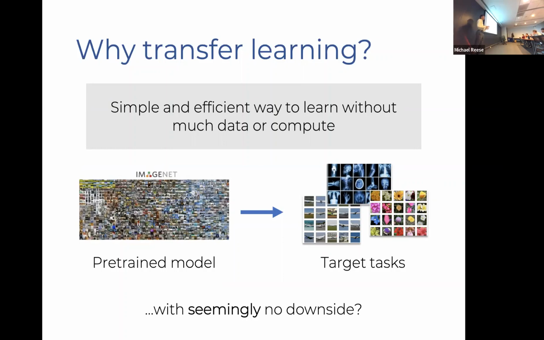You just download whatever pre-trained model you want and apply it to whatever task you want, fine-tune with a little bit of data, and in a lot of cases, this actually even improves your performance, right? Starting with a pre-trained model as opposed to starting completely from scratch. So we have better performance, we have faster training, we have less data that we need. So it seems like there's pretty much no downside.